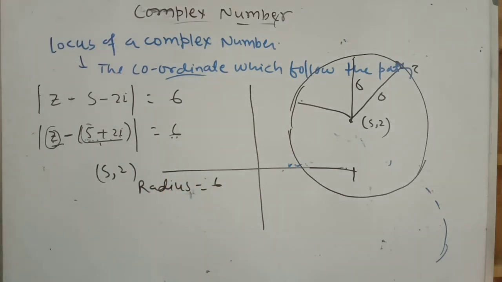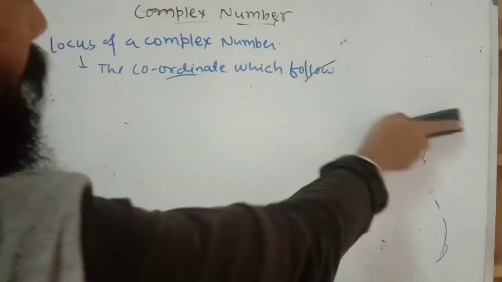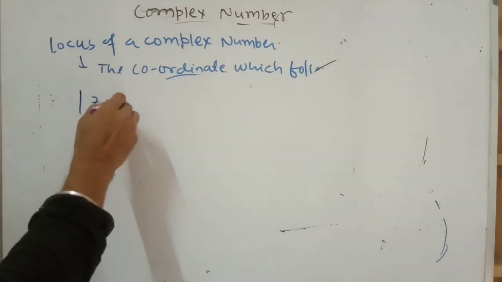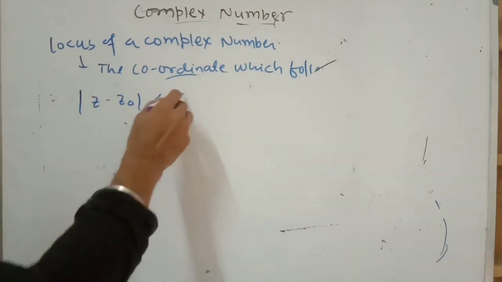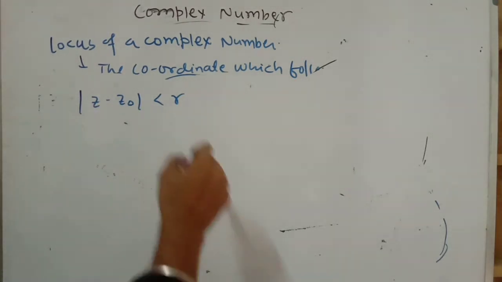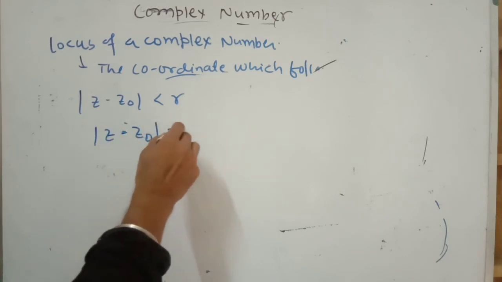Now another point is very important. When you consider |z − z₀| less than r, what does that mean? First consider |z − z₀| equal to r.